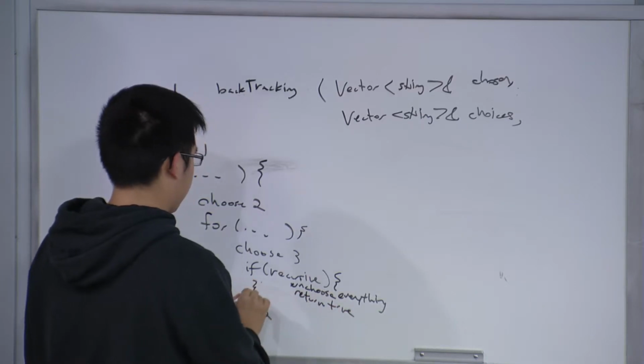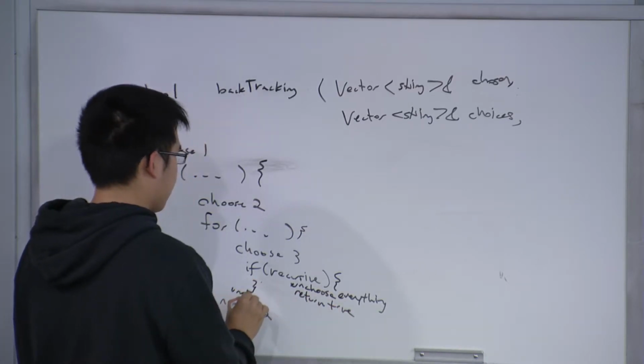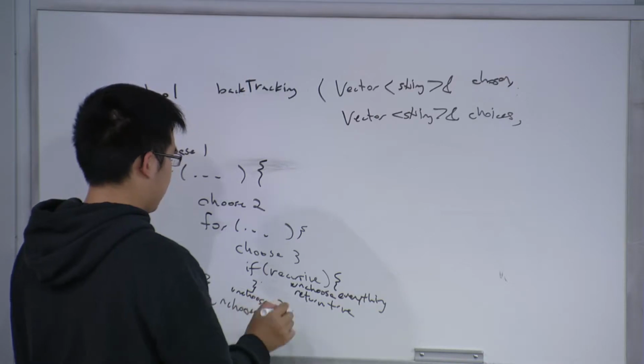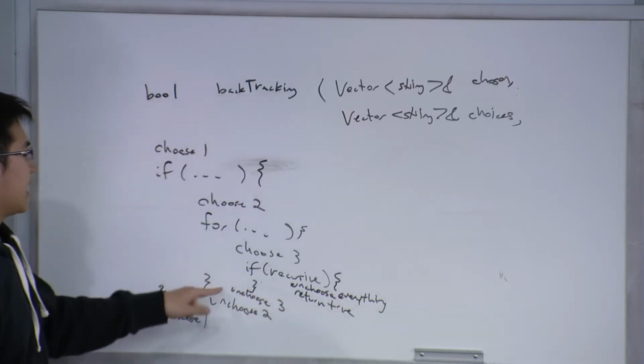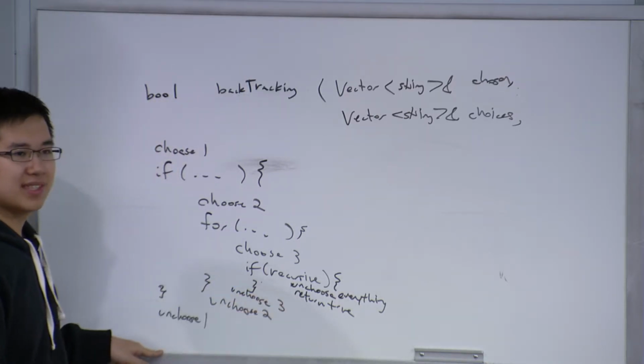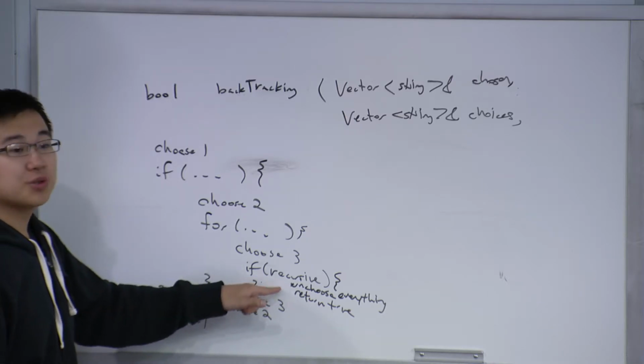And you also have to explicitly unchoose here if it did not pass through that one. The reason is that if you return true, then you skip all these unchooses, so you have to explicitly unchoose everything here.